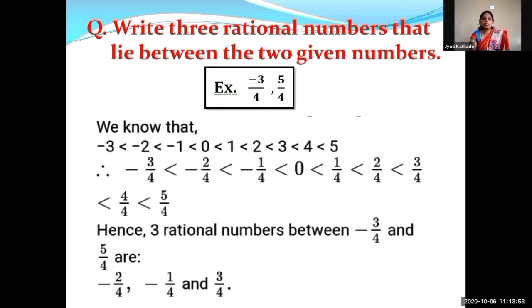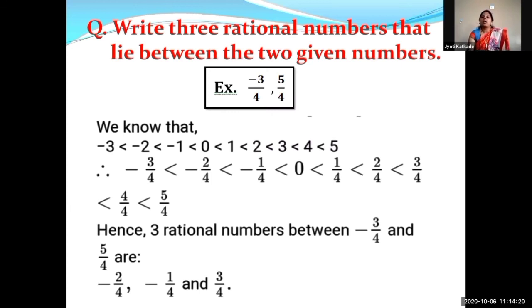On the number line, 0 is at the middle of that line. At the left side, there are negative numbers. Then up to -3, which numbers are there? -1, -2, and on the right side 1, 2, 3, 4. Means numbers in between -3 and 5 are -2, -1, 0, 1, 2, 3, 4. These numbers are in between -3 and 5.